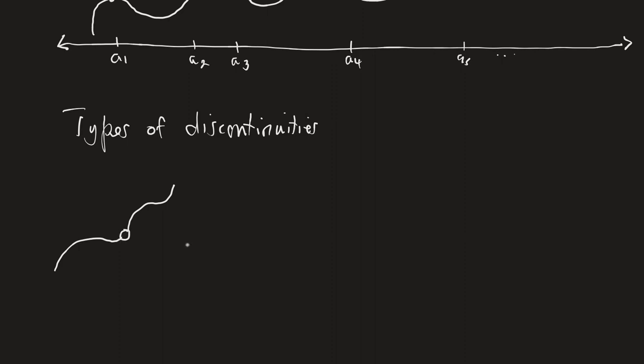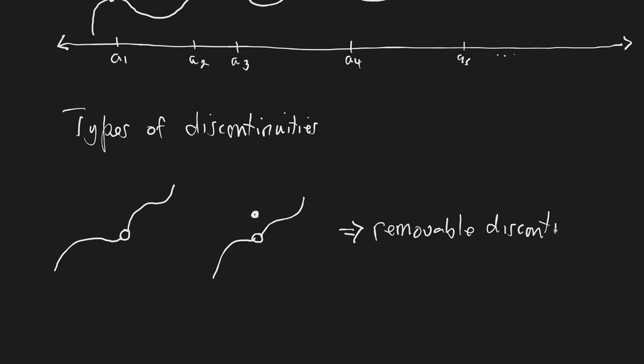There's a hole there, or there's a hole there, but it's filled in at the wrong y value. So it's like you're trying to hit a bullseye and you missed it, right? So this kind of discontinuity where you have just a hole, just a single point that's missing, these are called removable discontinuities.